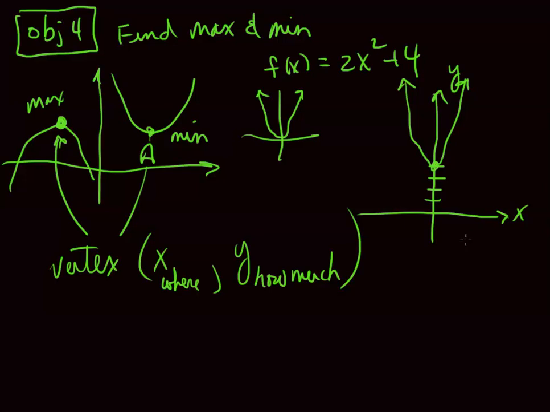Let's go to another screen. Number 34: 2/3 x squared plus 4/3 x minus 1.